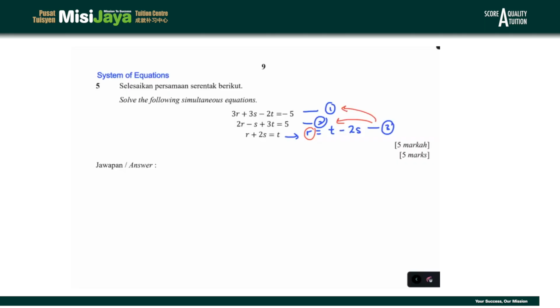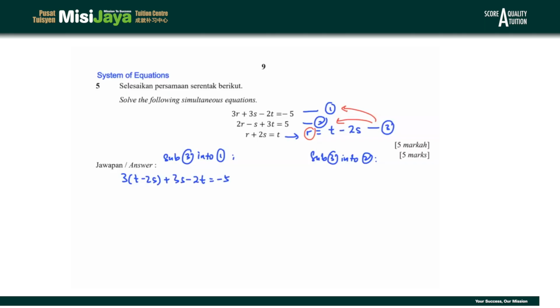So let's do this. I'm going to do it over here. You sub equation 3 into 1, and another one is you sub equation 3 into 2. So sub 3 into 1 first. So we have 3R. R is T minus 2S. Then plus 3S minus 2T equals to -5.